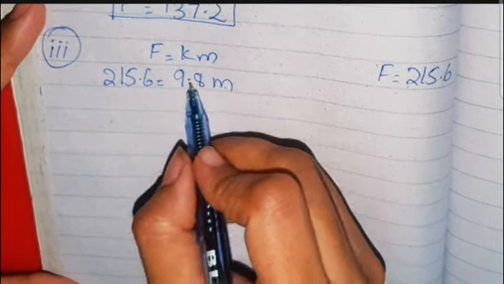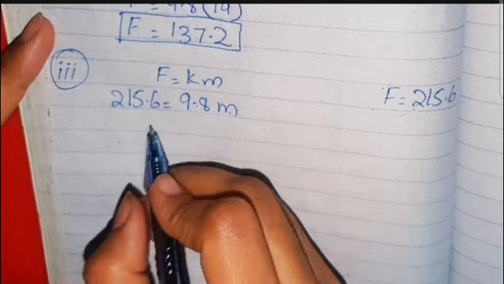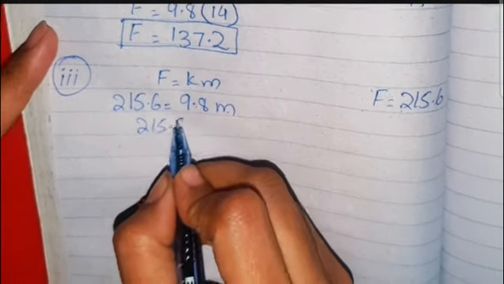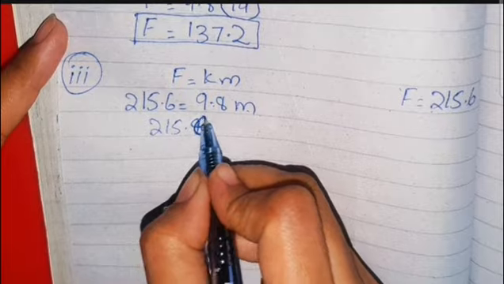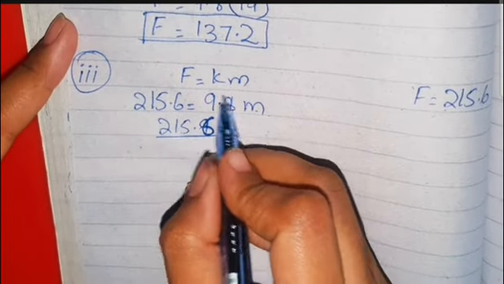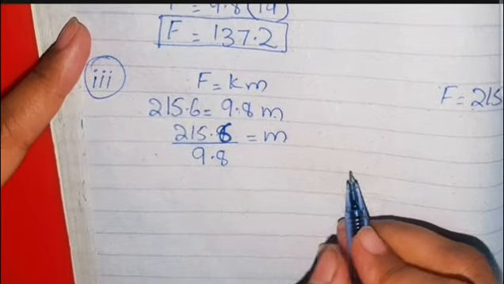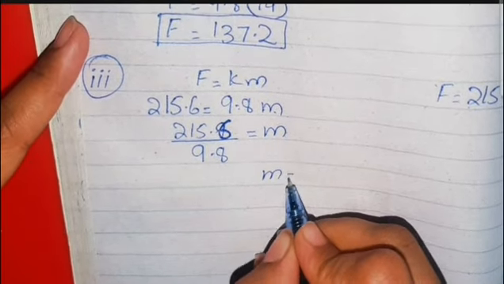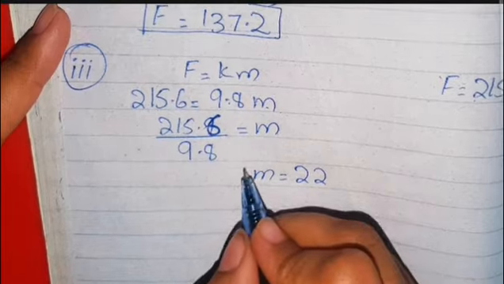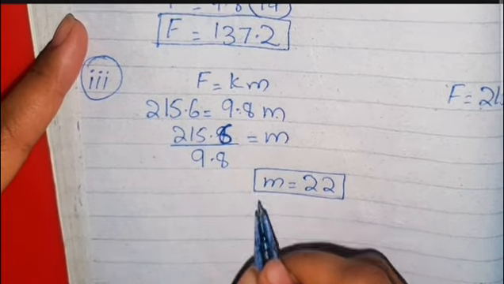Both of them are multiplying over here. If we shift to this side, they would be divided. So 215.6 divided by 9.8 is equal to m, and if we simplify, the value of m is equal to 22. So this is our part 3.